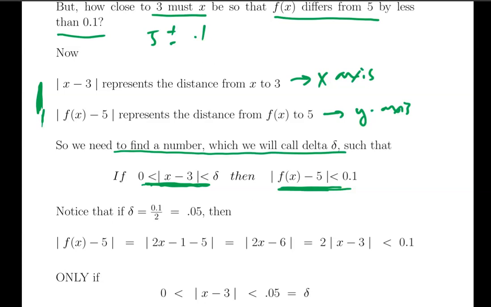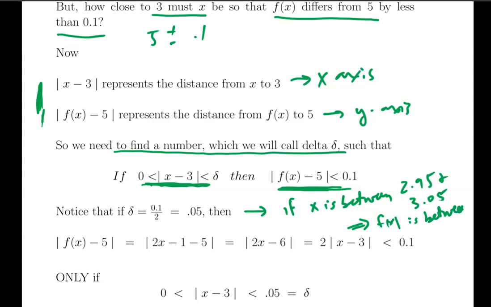Let's notice, if you did the actual math like I set up before, I didn't actually do it, but if you did, you would find that 0.05 would actually work. So if you take this 0.1 and divide it by 2 and get 0.05, I'm claiming that if x is between 2.95 and 3.05, that will imply f of x is between 4.9 and 5.1.